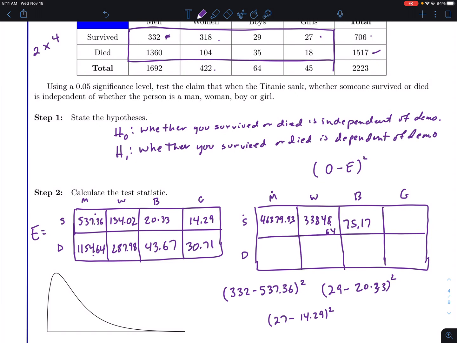So we get 161.54. And so now start back over with the died column.